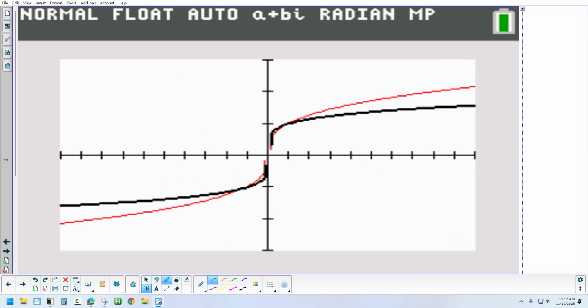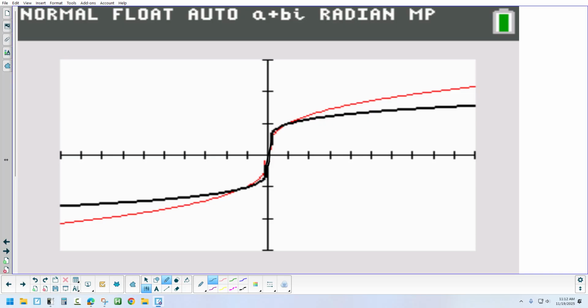And how about that graph? Does it look like they have any points in common? They all go through the point (0, 0).